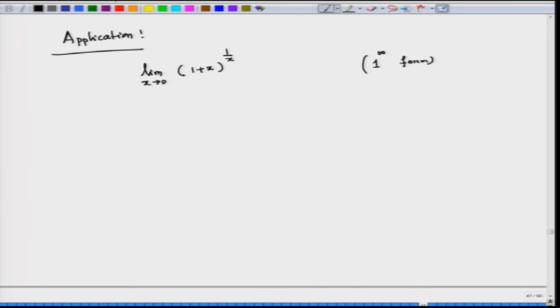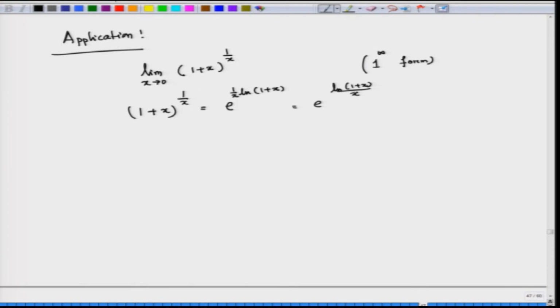So, how are we going to find the limit? Now, let us write 1 plus x to the power 1 over x cleverly as e to the power ln of 1 plus x to the power 1 over x, by the logarithm rule. So, this is equal to e to the power ln(1 plus x) divided by x.